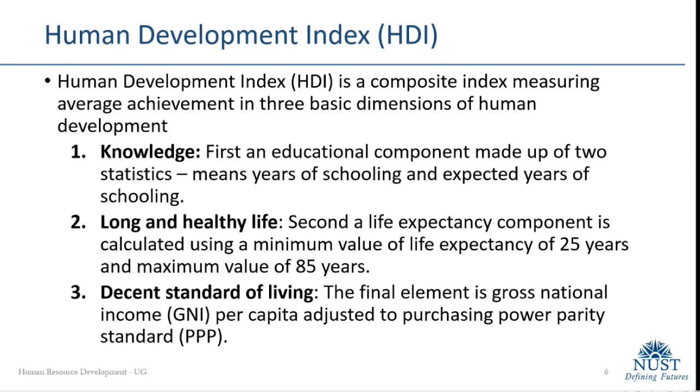Decent standard of living is measured by gross national income per capita, adjusted for purchasing power parity, PPP. So GNI is something that we used to call GNP before. It's gross national income. It means that you take gross domestic product. Gross domestic product is what a country produces.